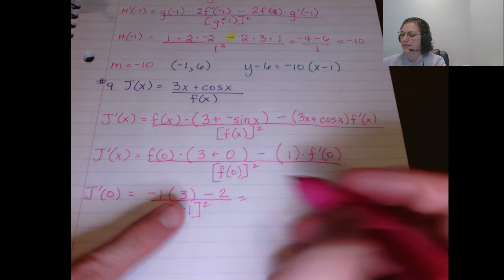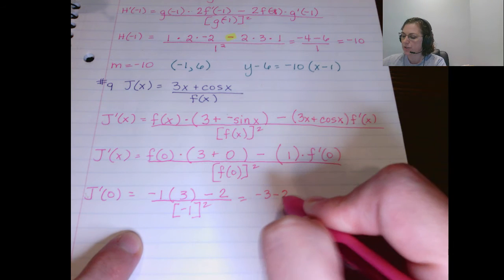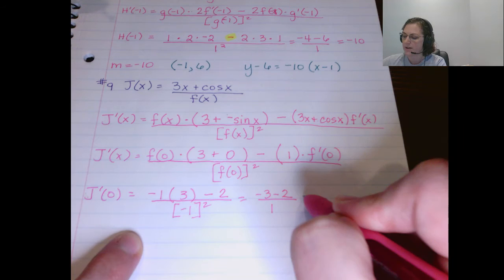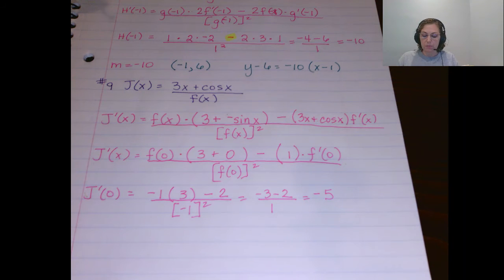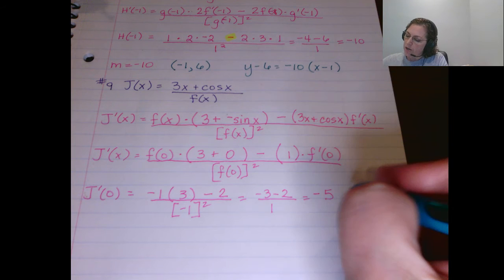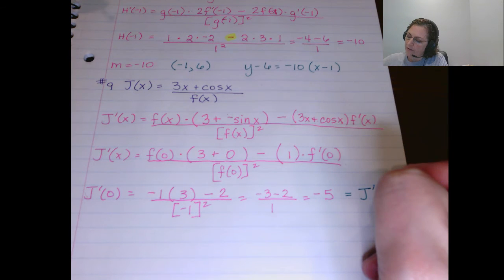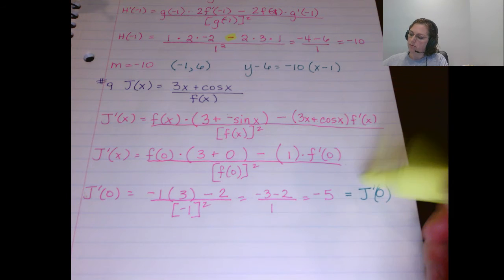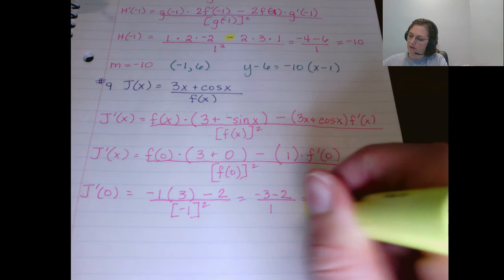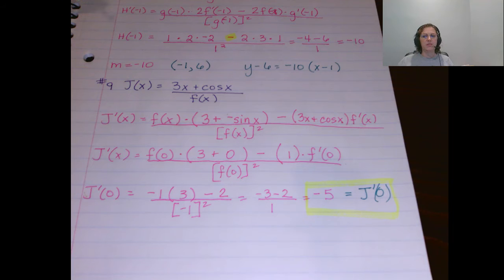So I've got -3 minus 2 over 1, which will give me -5. And this is what we were looking for, j prime of 0, as our value that we were looking for.